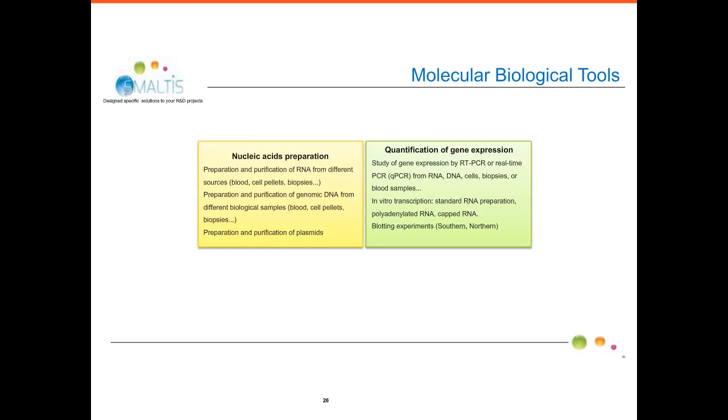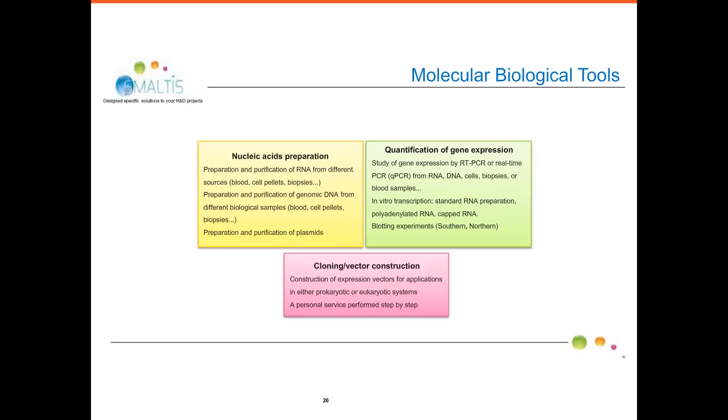We are also able to do blotting experiments or in vitro transcription experiments. The third one is cloning and vector construction tools, in order to construct expression vectors for application in either prokaryotic or eukaryotic systems.